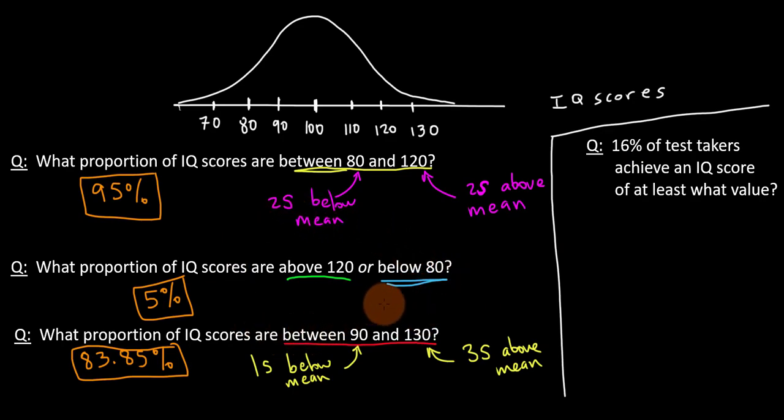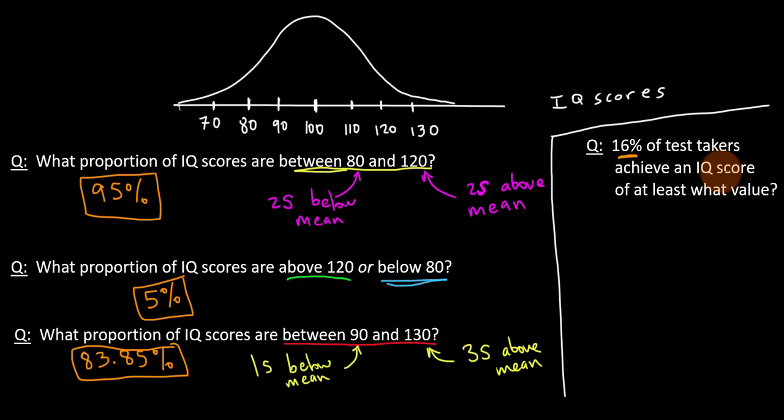In the previous questions, an IQ or a range of IQs was provided, and we found the corresponding chance that that would occur. In this case, the chance or the percentage of times an IQ score occurs is given, and we want to know, well, what's the IQ score that gets you there?